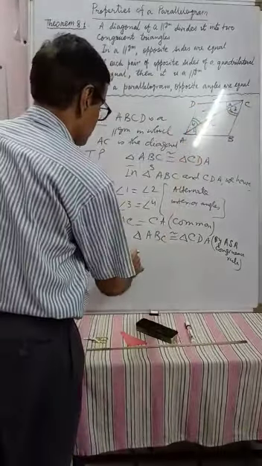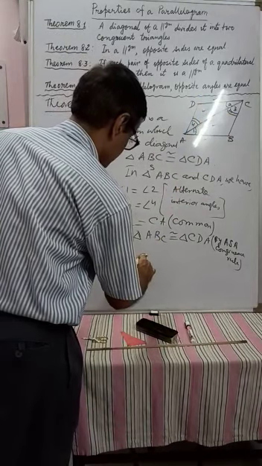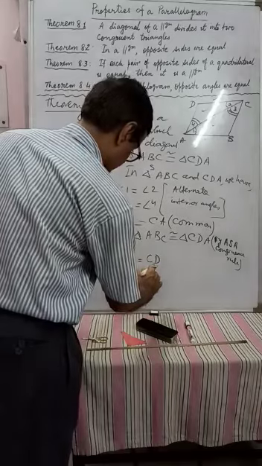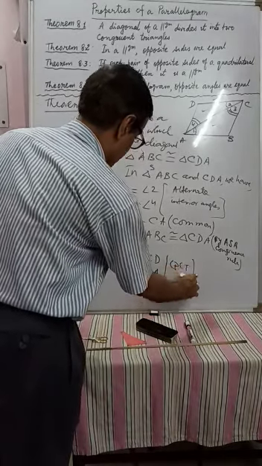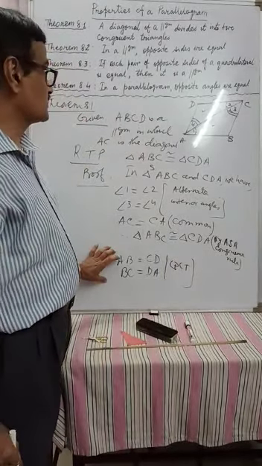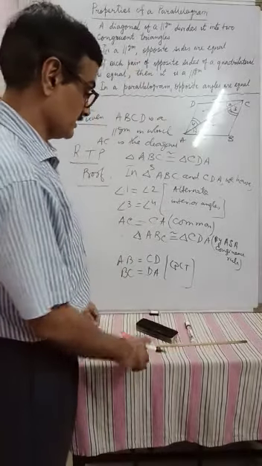After this we have to add that by CPCT, AB is equal to CD and BC is equal to DA. So this proves that in a parallelogram opposite sides are equal.